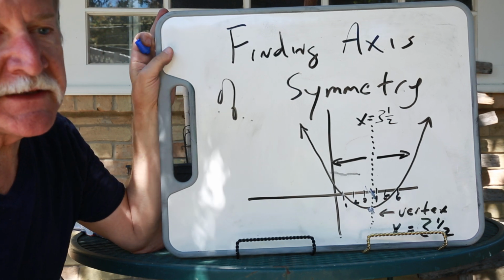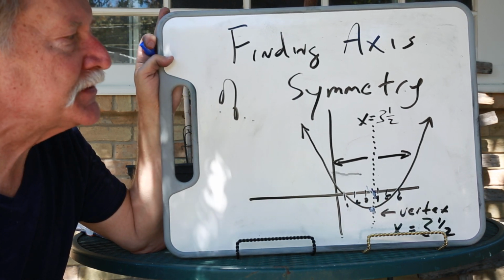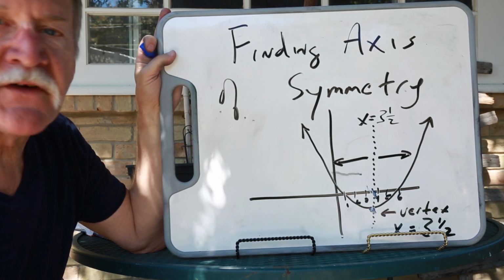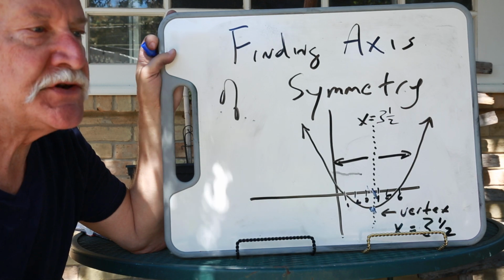But you can also find the axis of symmetry, which will help you in the next lesson to graph things, by looking at the equation.